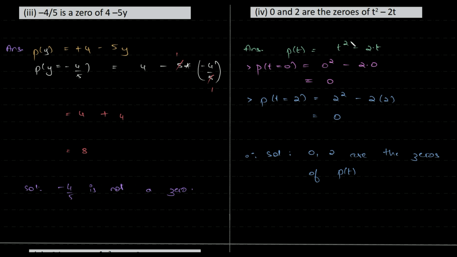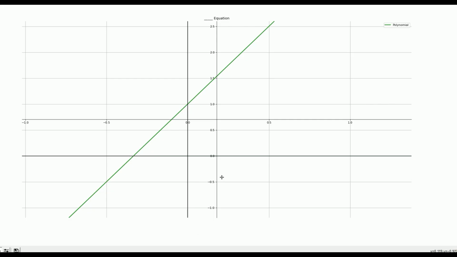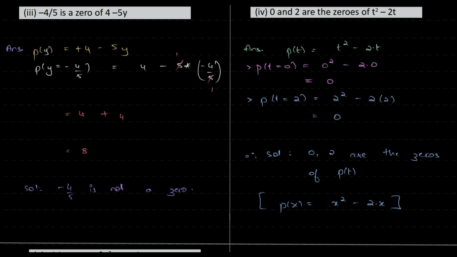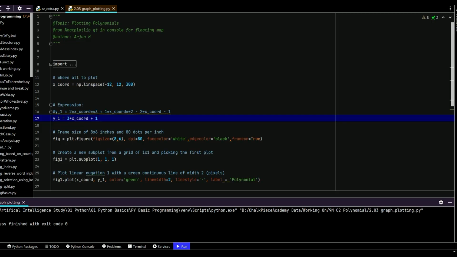Okay, guys. So I'm going to rewrite the expression as p of x is equal to x square minus 2 into x. I'm just changing the variable. So understand that variables can be of any names. So I have to equally change everywhere. That's what I've done over there. So I have to change this to x square.